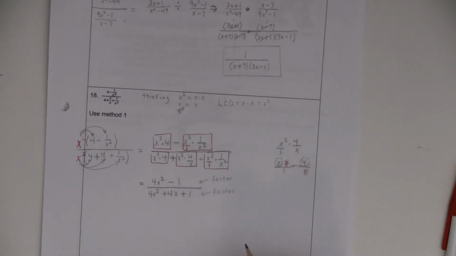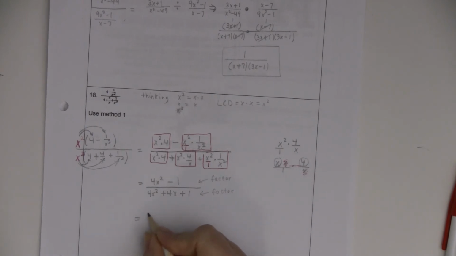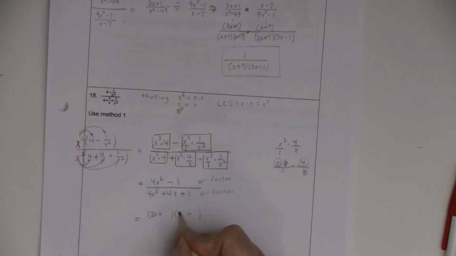Now that numerator right there is a difference of squares. And so that's my buddy, that's my friend, that's my pal. And so I know the difference of squares is a plus and a minus. And to make 4x squared is 2x times 2x. To make 1 is 1 times 1.